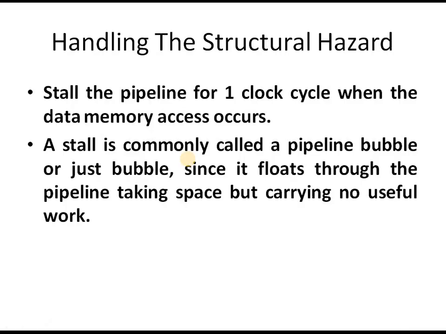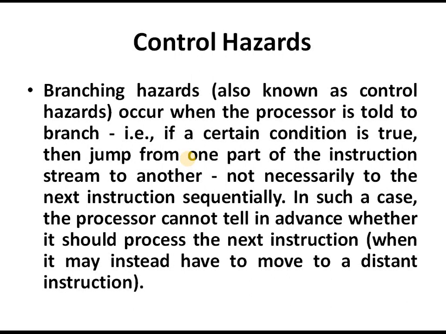Handling the structural hazard: stall the pipeline for one clock cycle, which we have seen already. When the data memory access occurs, a stall is commonly called a pipeline bubble, or just a bubble, since it floats through the pipeline, taking space but carrying no useful work.